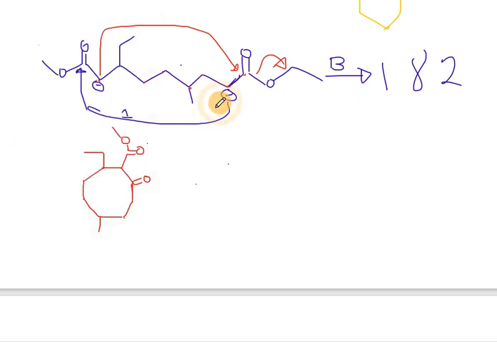Let's take the blue one, where this side will bond to this side. So that one you have 1, 2, 3, 4, 5, 6, 7, 8. Also an 8-membered ring. So let's draw our 8-membered ring, which will look like this. So we have this one, that, that, that, that. So this is our 8-membered ring.